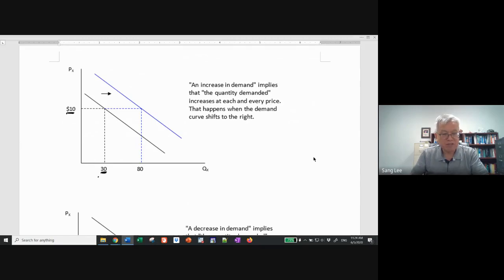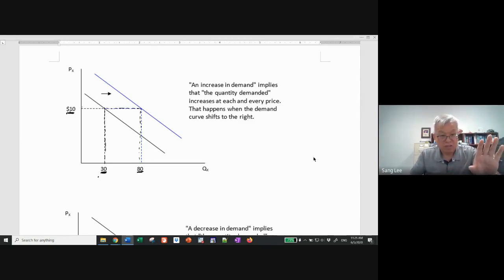At the same price, previously the quantity demanded was 30 units. But all of a sudden, for some reason, even at the same price, the quantity people want to buy increased to 80 units.